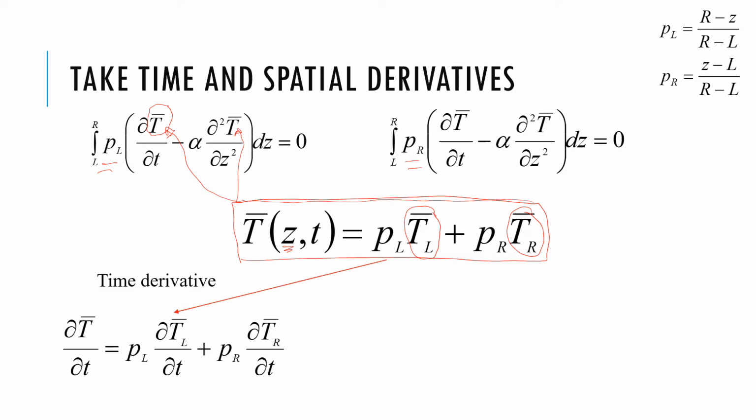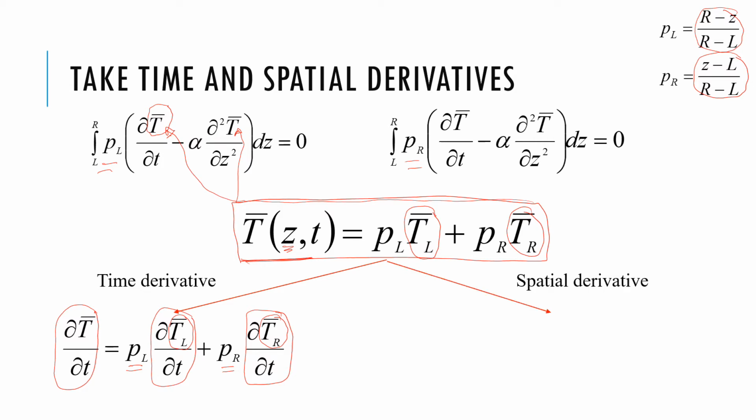So for the time derivative, then you notice that PL here and PR, they're not really functions of time. They don't change with time. So if I take the time derivative of the solution, then PL comes out, and we get del TL del T and del TR del T. So TL, TR are the nodal temperatures that will change with time.